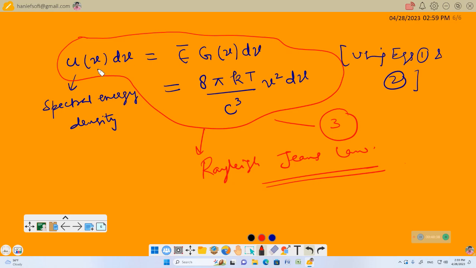According to Rayleigh-Jeans law, this spectral energy density is proportional to temperature. c is the speed of light, k is the Boltzmann constant. It is proportional to nu square. That means as nu increases, this energy density is going to increase. You can see the error in this formula easily from the graph.